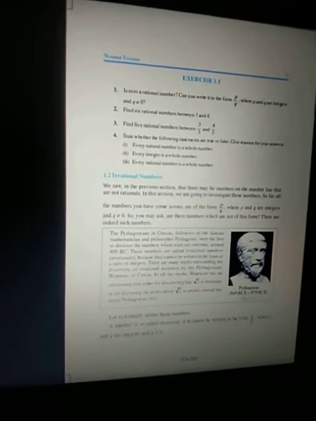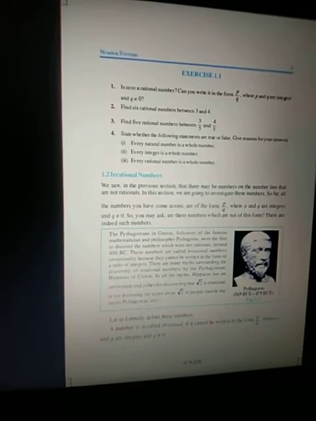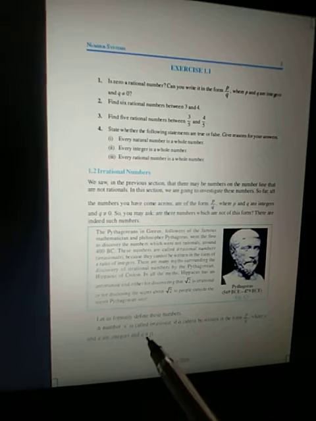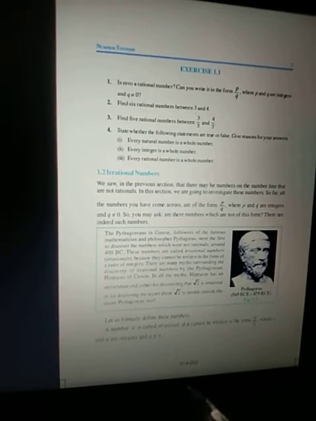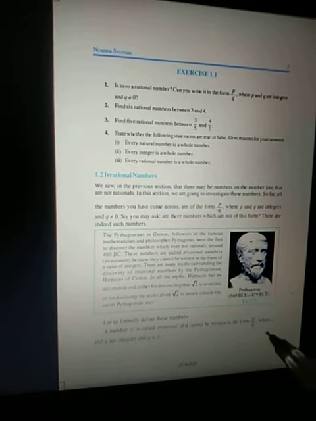Previously we have seen some rational numbers, which can be written as p by q. Simply, if it is a rational number, the term should be written as p by q. Now comes the irrational number, where for example consider s as an irrational number. If it is irrational, it should not be written as p by q.